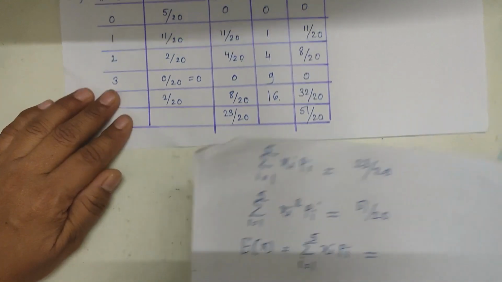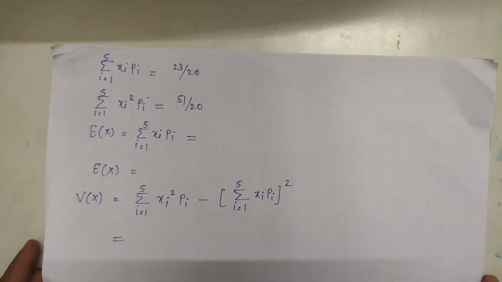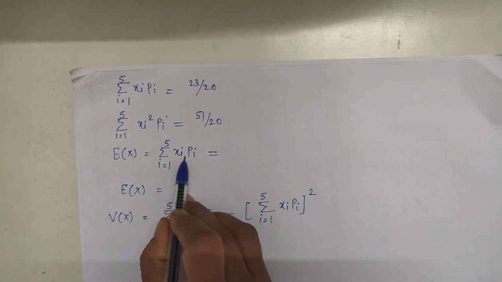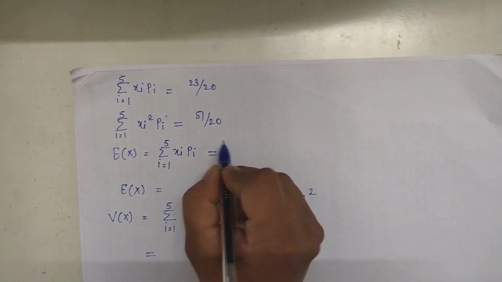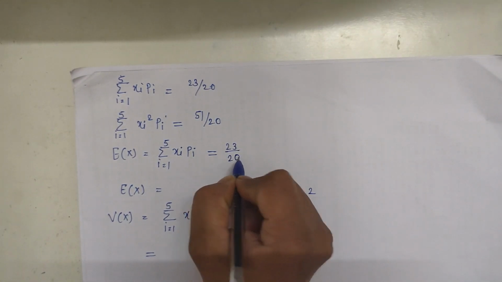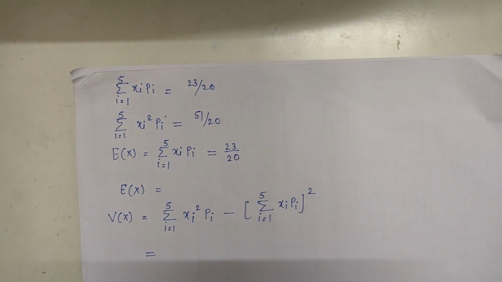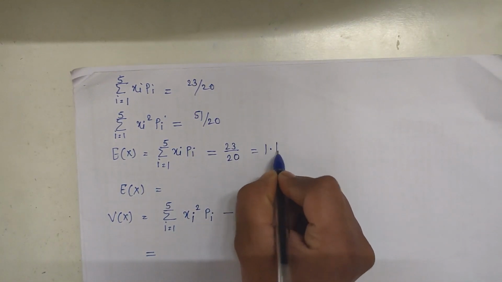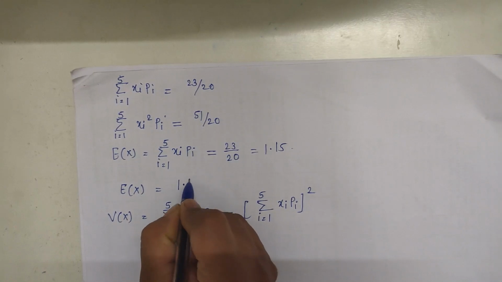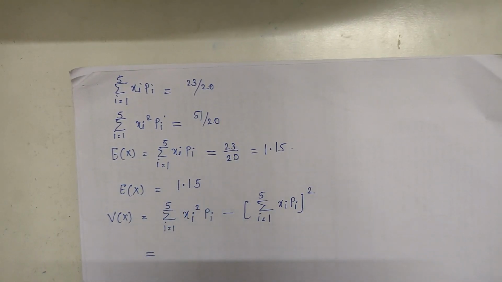We know that expected value means mean, and the value of the mean can be calculated using the summation of xi pi. Here summation of xi pi is equal to 23 by 20, that is 1.15 in decimal form. So E of x is equal to 1.15.